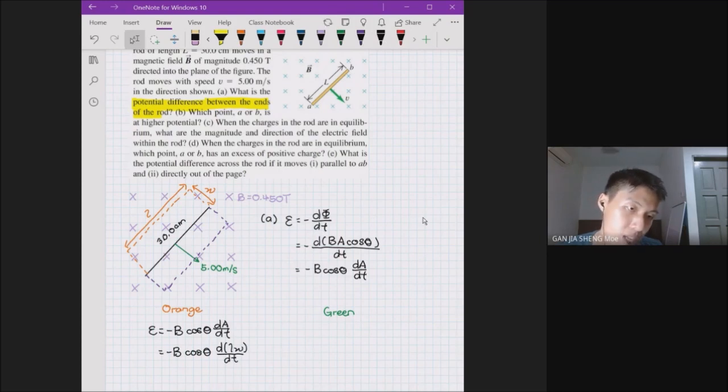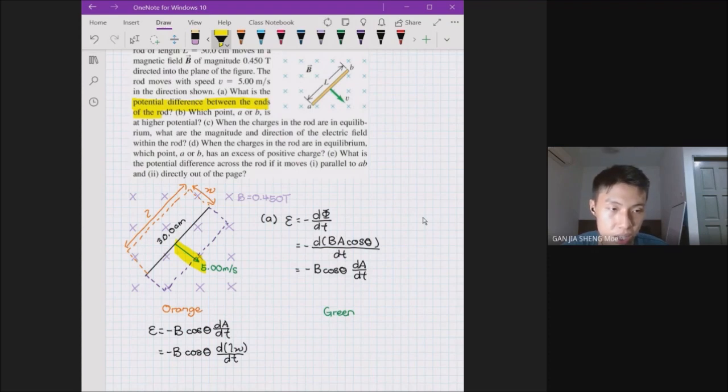This time you can see that this rod is moving with a speed in this direction. So the area of this orange loop will increase because of this rod moving downwards. It will cause this loop to be larger and larger because this side is moving.